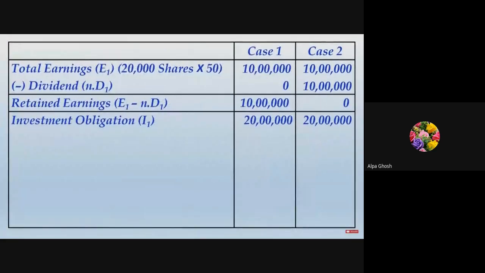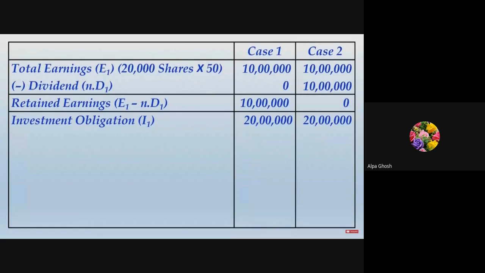Now use your brains, beta, use your brains. In case 1, for 20 lakhs of investment obligation, we already have 10 lakhs of retained earnings available because we have earned profit and not distributed that profit by way of dividend, so that money is lying with the company. So case 1 indicates that 10 lakhs of retained earnings is lying with the company, which is available for investment.